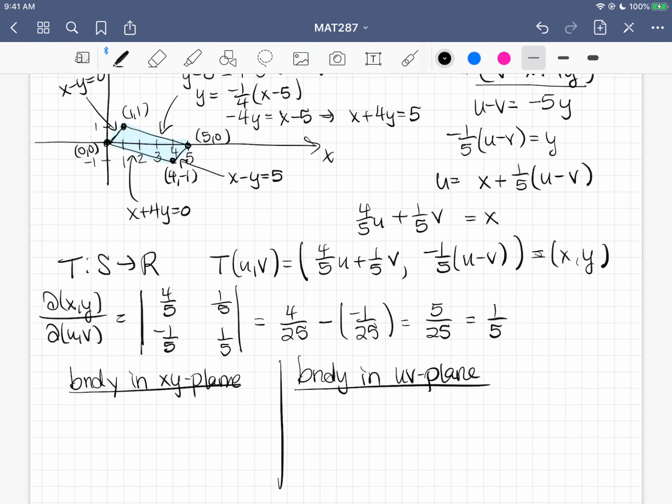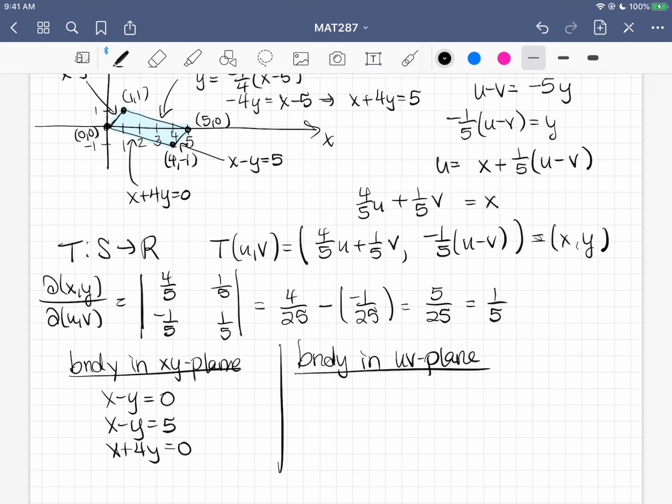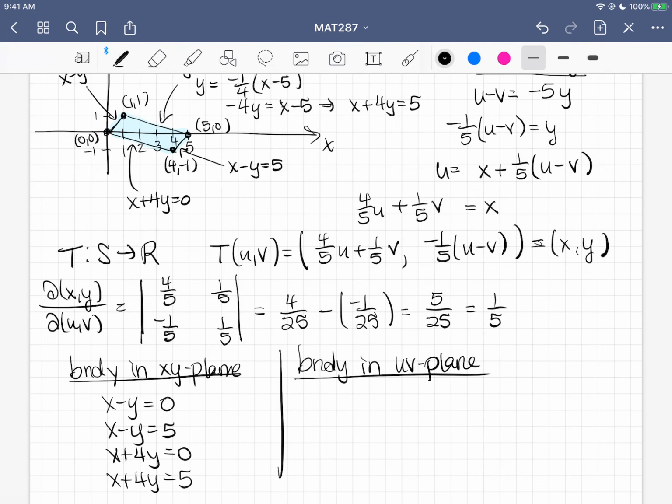Here they were: I had x minus y equals 0, x minus y equals 5, x plus 4y equals 0, x plus 4y equals 5. Remember we let u be x minus y and v be x plus 4y, so this is u equals 0, u equals 5, v equals 0, v equals 5.